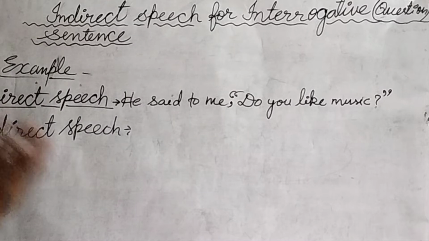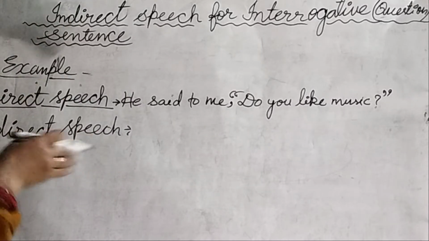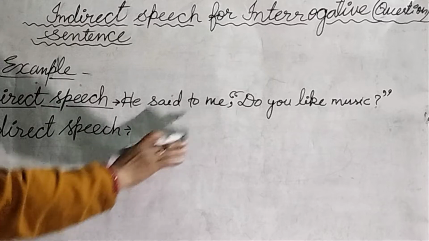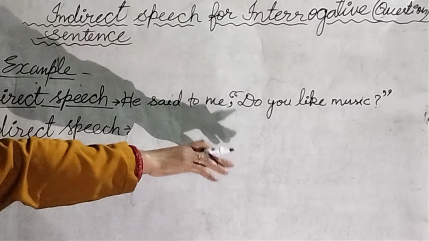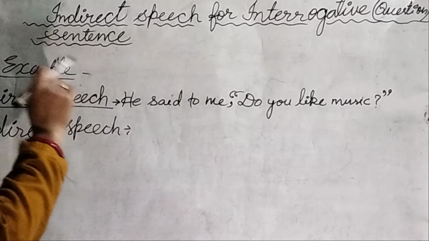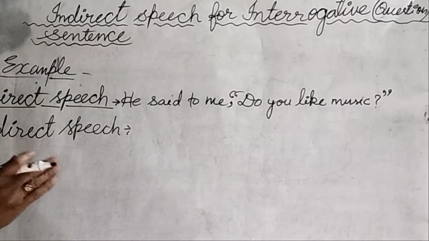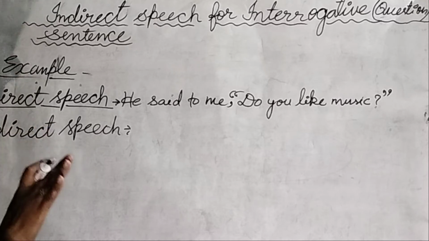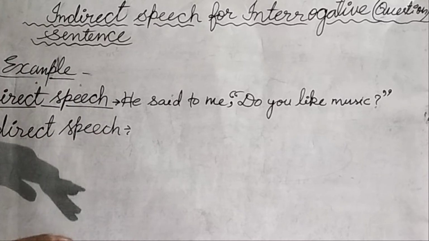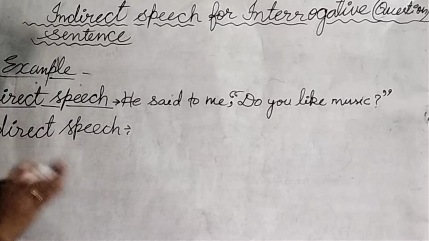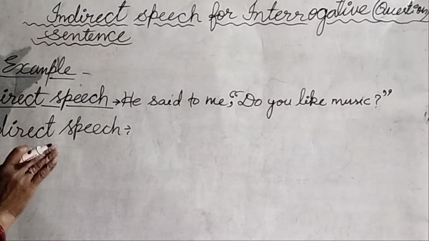I have already told that to change a question which can be answered in yes or no into indirect speech, the word if or whether is used before the question. Rules for change in tense of a question sentence are the same as for normal tenses in indirect speech, but the sentence will not start with the auxiliary verb.